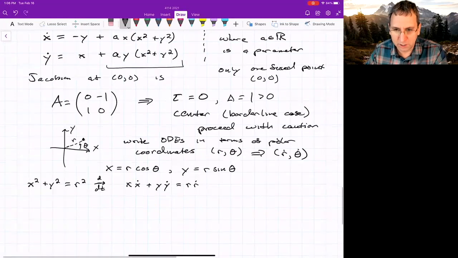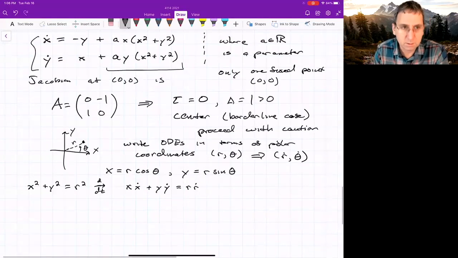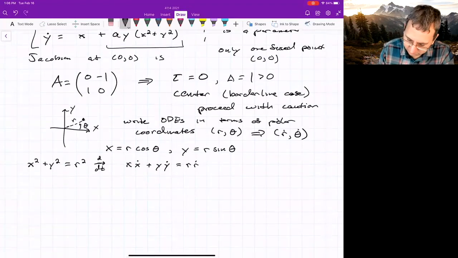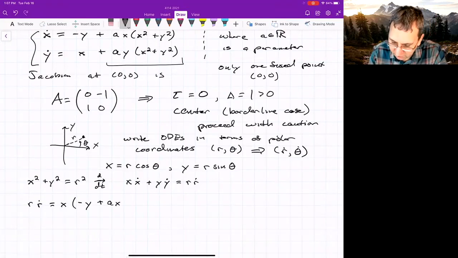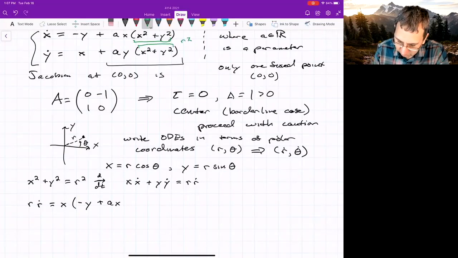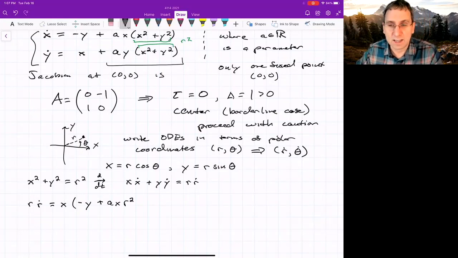Now, if we substitute in what we have up here in the top for x dot and y dot, what do we get? So r r dot equals x times, let me see what it is, minus y plus a x, and I'm going to notice that in these parentheses, this thing is r squared. So I'll just already substitute in r squared. What I would like is an ODE for r, so r dot equals some function of r and theta.